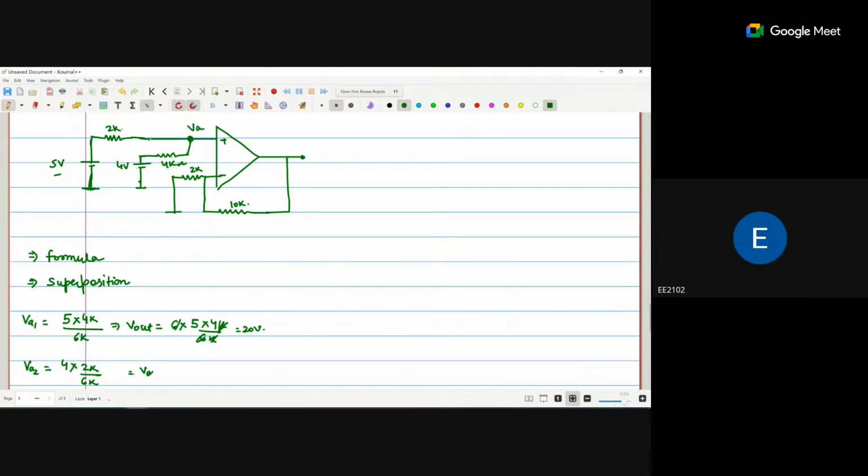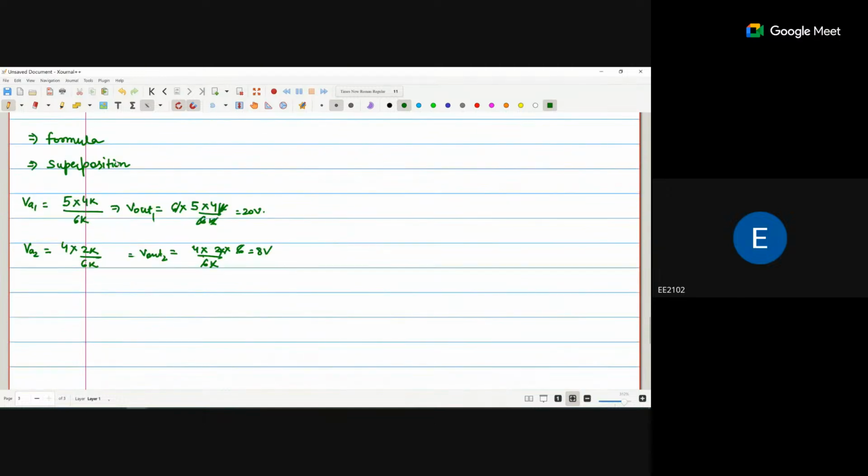Now V out 2 is equal to 4 into 2 into 6 divided by 6K. So K and K cancel out, 6 and 6 cancel out, so this is the 8 volts. So V out is V out 1 plus V out 2. So 20 plus 8 is 28 volts.